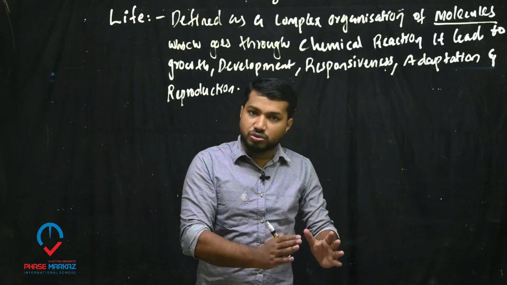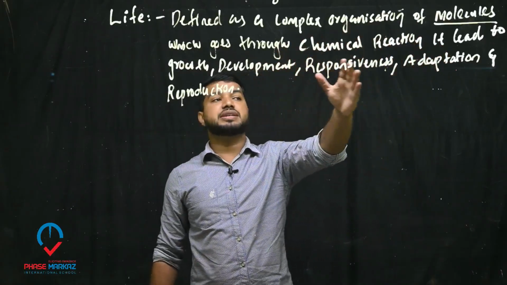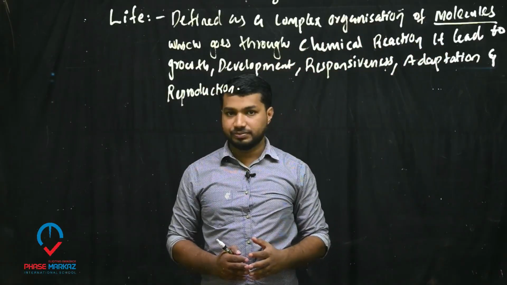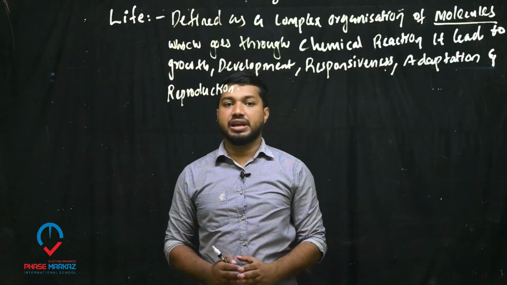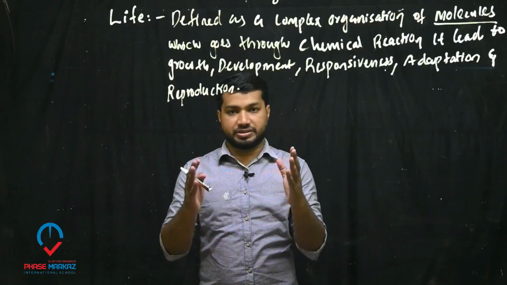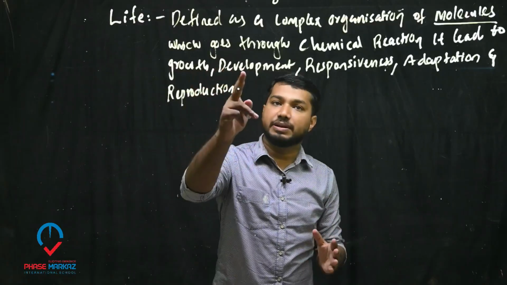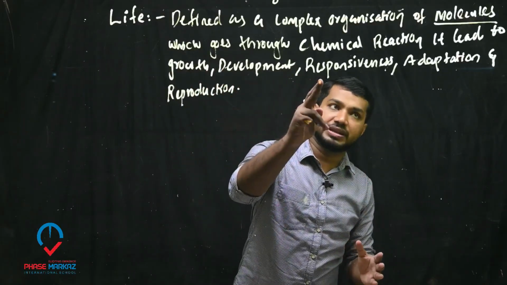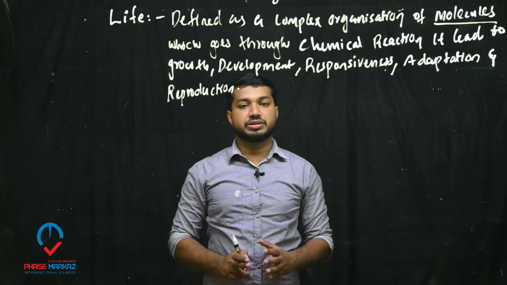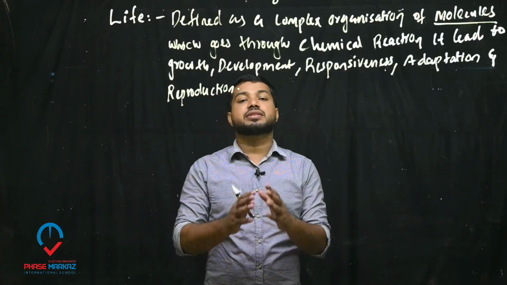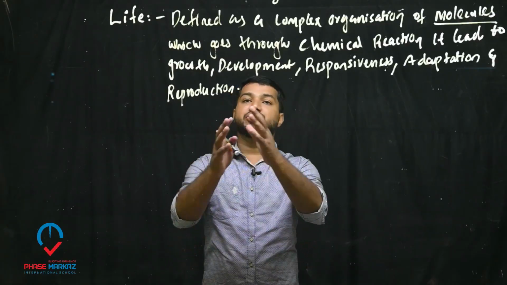Those complex molecules undergo chemical reactions. As a result of these chemical reactions, that organism leads to growth, development, responsiveness, adaptation and reproduction. These things we can call a living organism. Those things have life, so we call them living organisms.